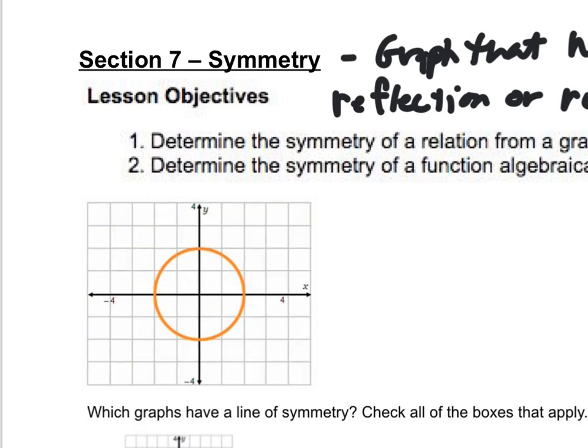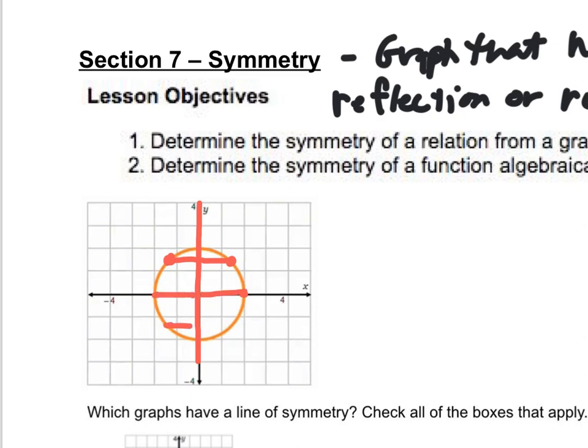I can draw a line going down the middle like that, and each point here is symmetric on either side of that line. We're equidistant from that line of symmetry.